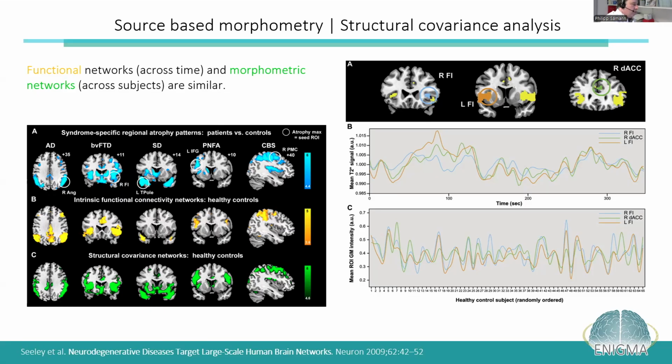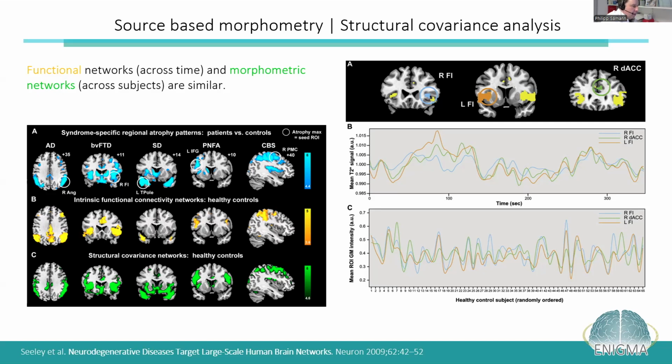It was first used in a more prominent way in the work of Seeley et al., published 2009, where they demonstrated that certain hotspots of neurodegeneration, for example, Alzheimer's disease or semantic dementia, are showing these atrophy patterns not in a random way, but in a way that resembles resting state networks, which are shown in yellow here.